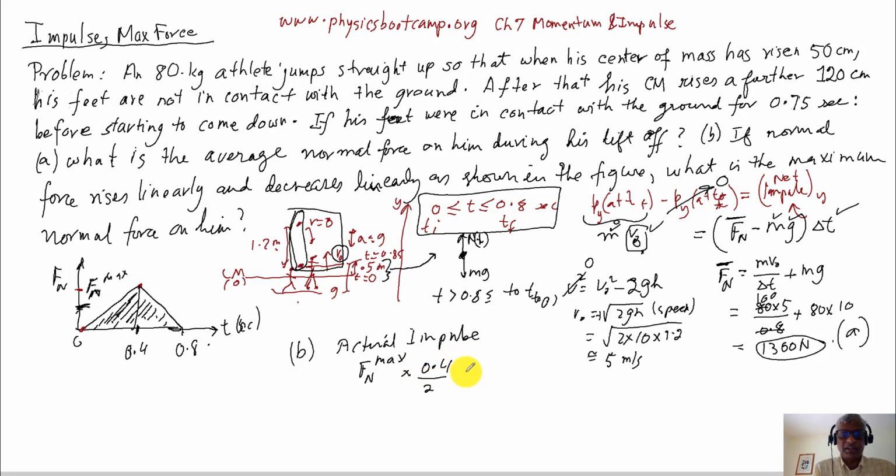This is the actual impulse from the normal force. That should equal the average impulse we found, the average force times delta t, which is 0.8.